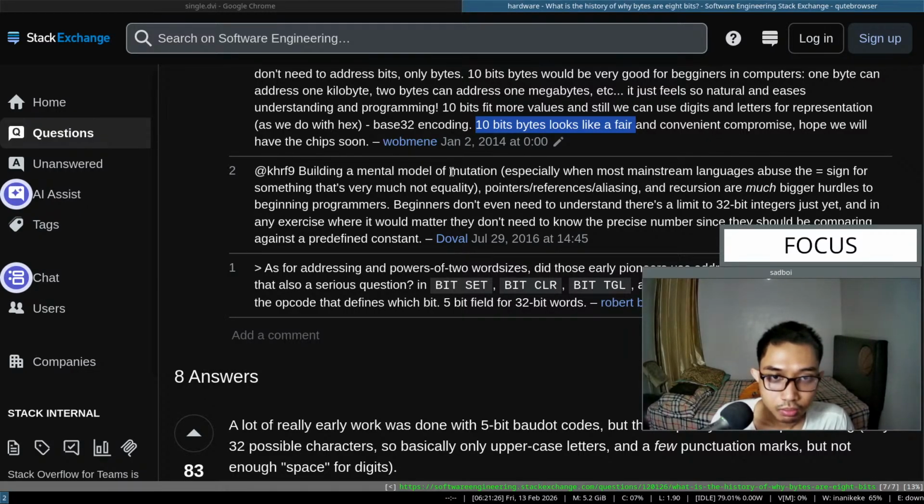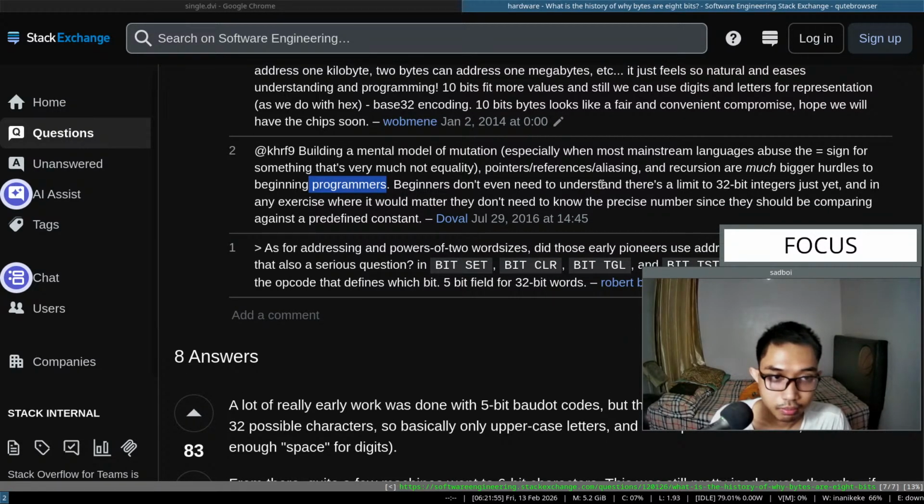Building a mental model of mutation is hard, especially when most mainstream languages abuse the equal sign for something that's very much not equality. Okay, pointers or references or aliasing and recursion are much bigger hurdles to beginning programmers. Beginners don't even need to understand there's a limit to a 32-bit integer just yet.